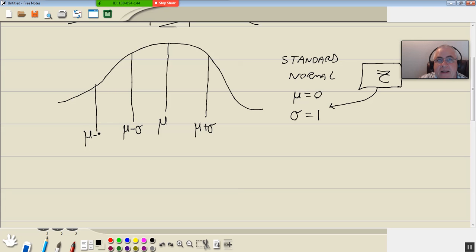This is mu minus 2 standard deviations. And this is mu minus 3 standard deviations. And over here is mu plus 2 standard deviations. And here is mu plus 3 standard deviations. So that's kind of your setup.